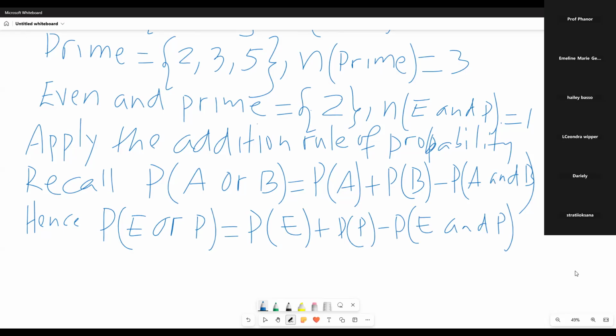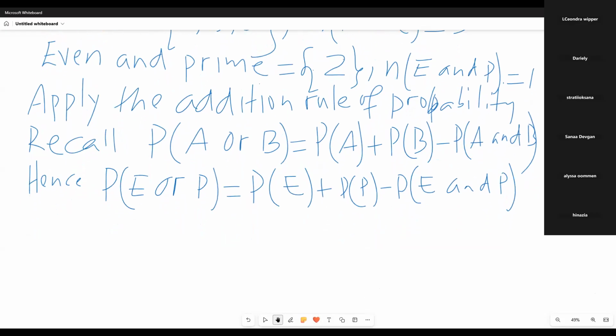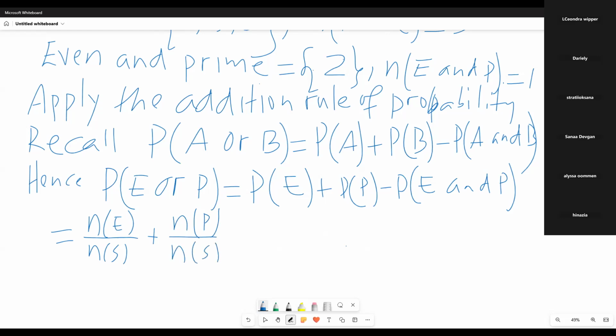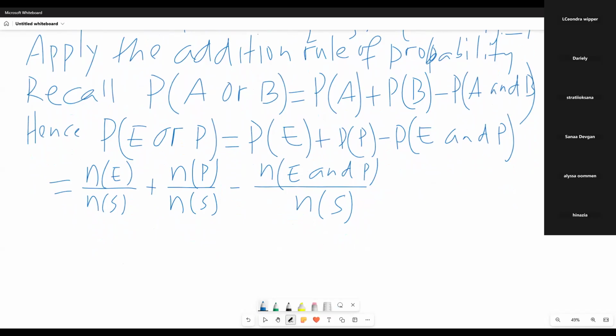Yes. Now, P of E will be n of E over n of S, plus P of prime would be n of P over n of S, minus P of E and P, which will be n of E and P over n of S. Now, n of E is 3, n of S is 6.